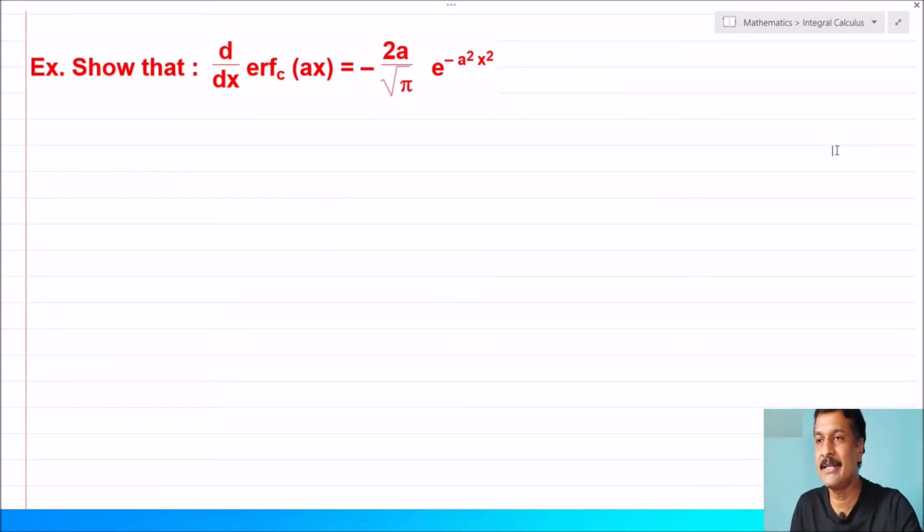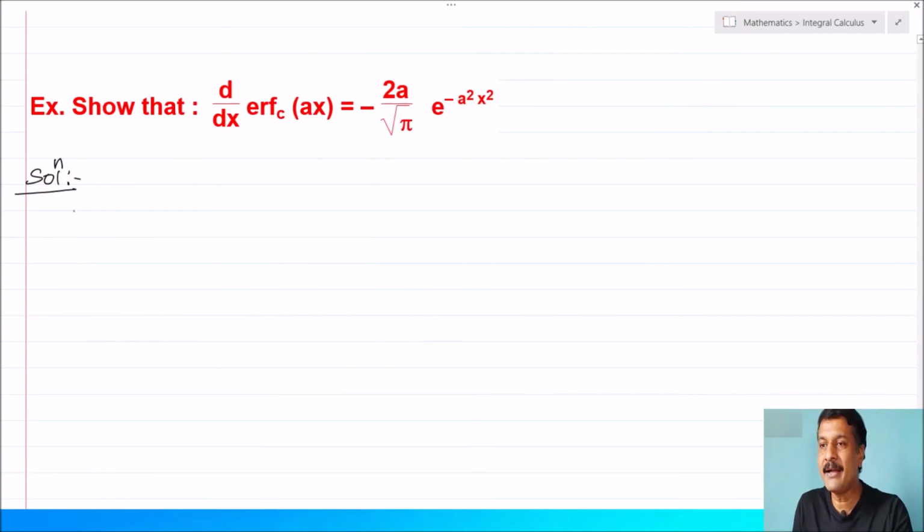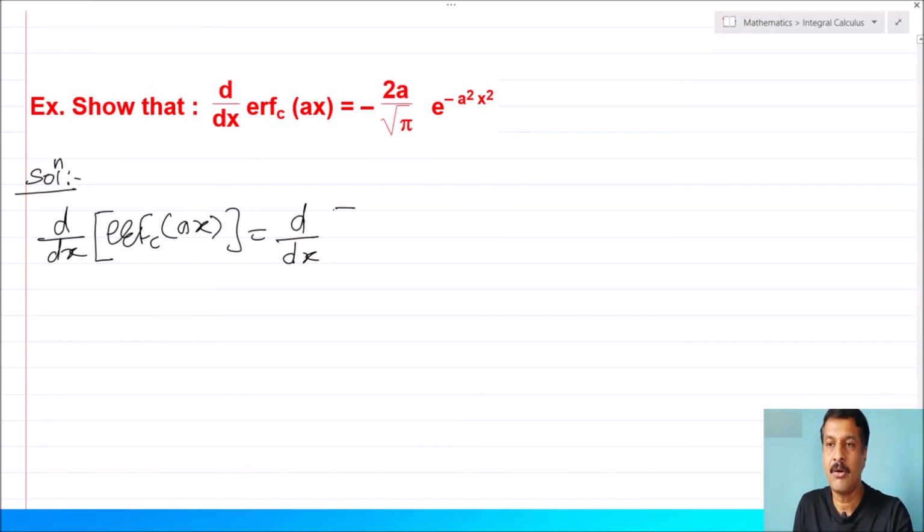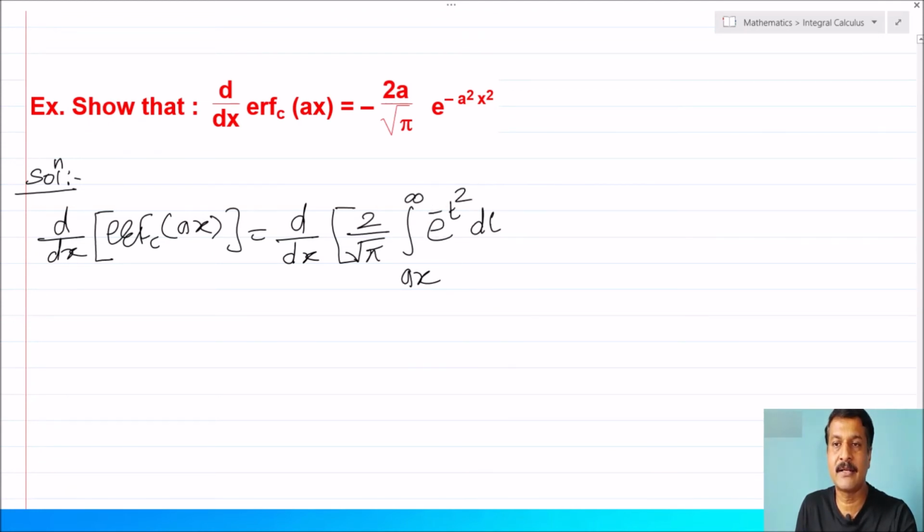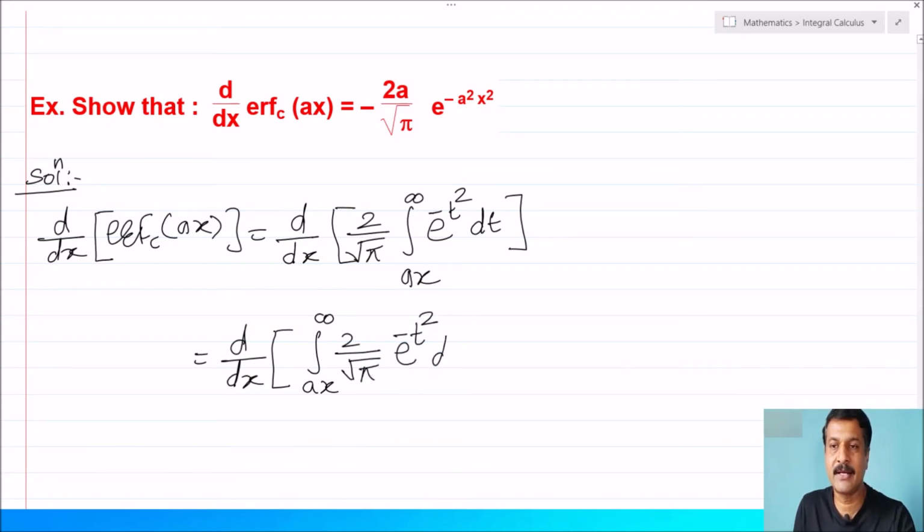So how? Let's see. Solution: d/dx of the complement of the error function of ax equals d/dx of, what is the definition of the complement of the error function of ax? It is 2 by root pi, integration from ax to infinity of e^(-t^2) dt. The same thing I can write as d/dx of the integration from ax to infinity of 2 by root pi e^(-t^2) dt.